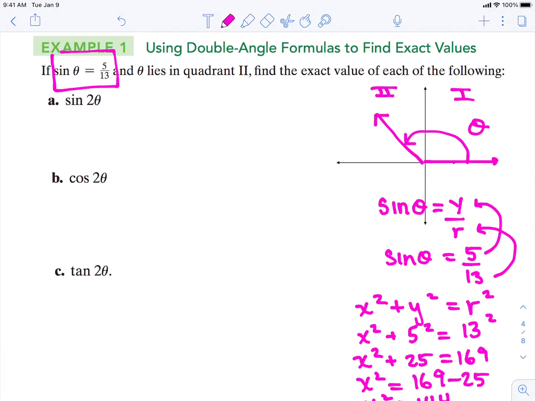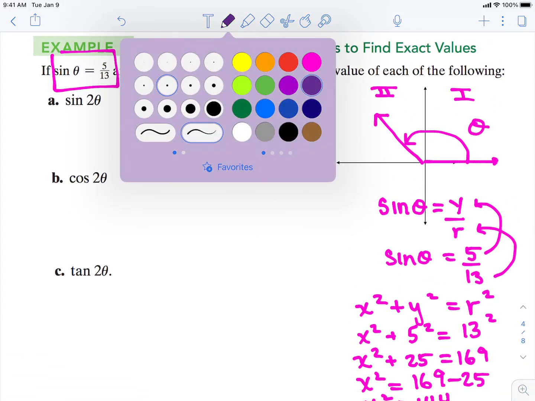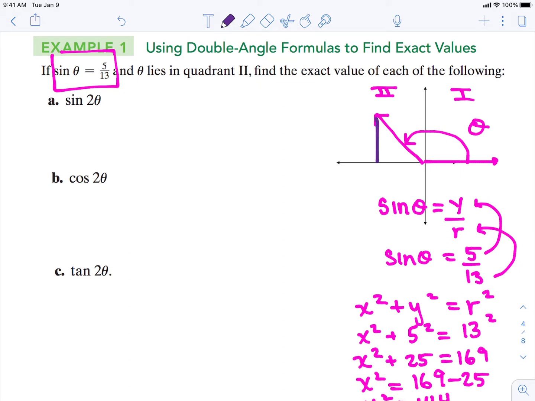So let's go ahead and create our reference triangle. So here's our reference triangle. It's a right triangle. We have our x distance, our y distance, and our radius. Now let's identify those lengths. The x we just found to be negative 12. Our y was given to us up in our ratio, 5.